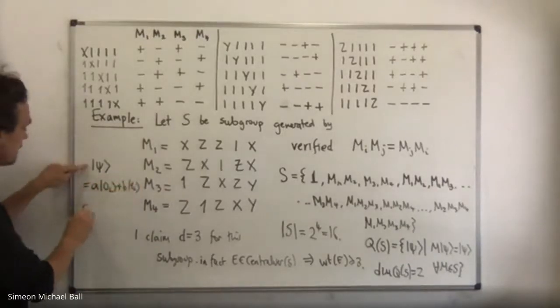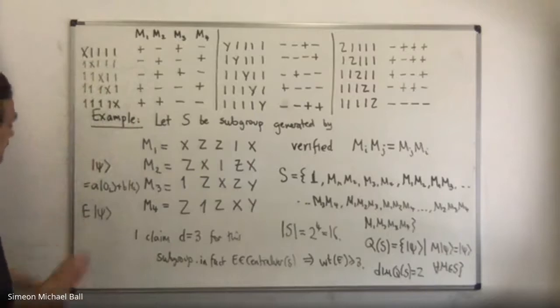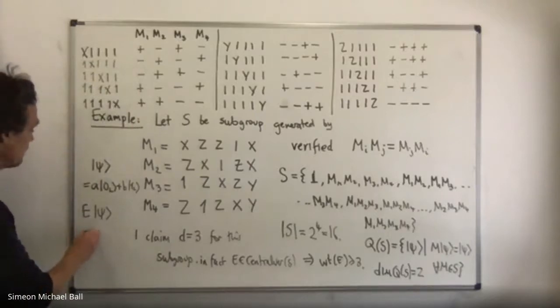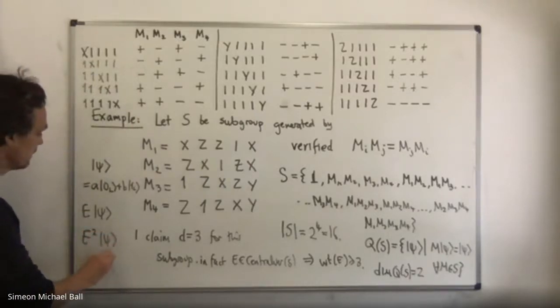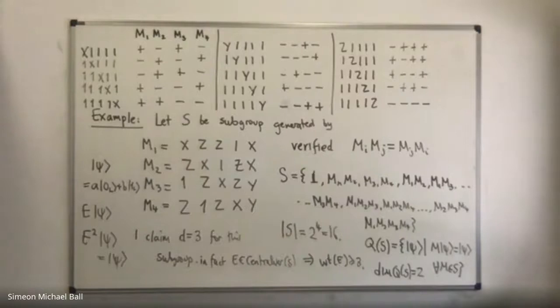And then the error gets applied here. We calculate syndromes, we can find the error, and then we apply the error to recover our information, once we know what it is. And the one that gives plus is just no error, right? Exactly.